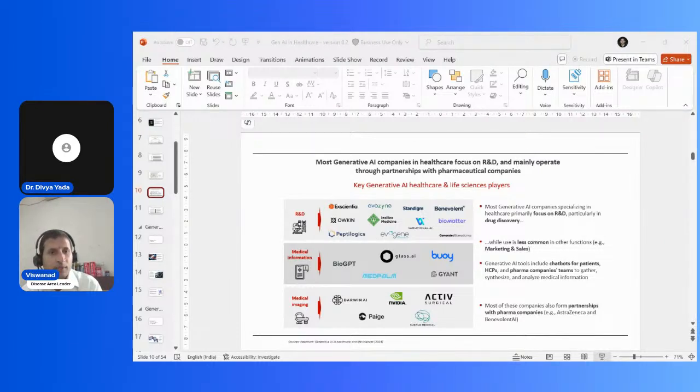So a lot of other companies have evolved, right? They're helping to create more value for the organizations, the patients and the ecosystem. In medical imaging, some companies like Nvidia are graphic chip players, but they're also heavily investing in getting the imaging right. Similarly, these companies are also there.